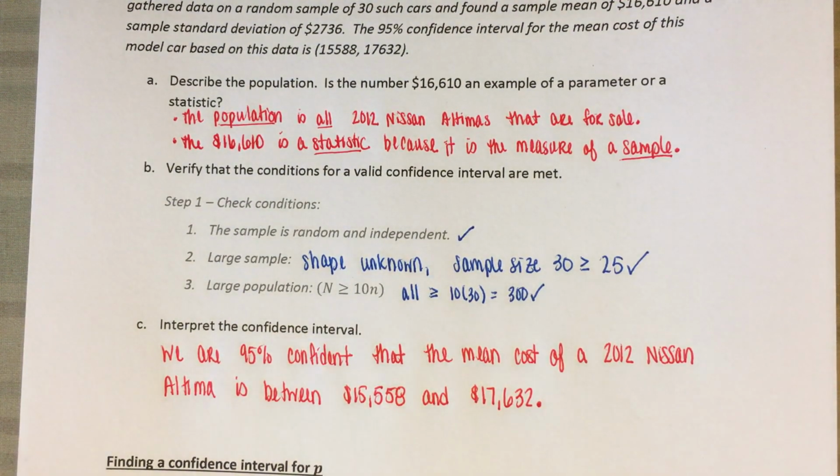Good interpretations contain three things: our confidence level, what we're talking about, the population parameter in question, the mean of our 2012 Nissan Altimas, and then the range of values that it's in between.